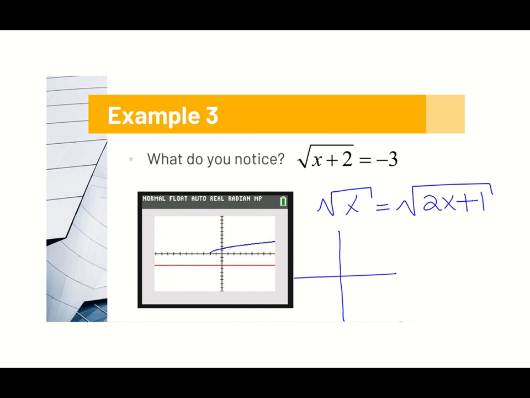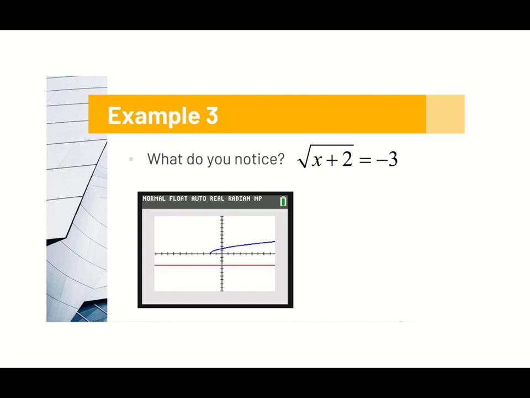Think about things like if one is our normal graph and then we have one that's stretched, it's always going to be up higher, so it's never going to cross. We could also have one as our parent function, and then the other one would be reflected. If it was reflected, they would never cross.